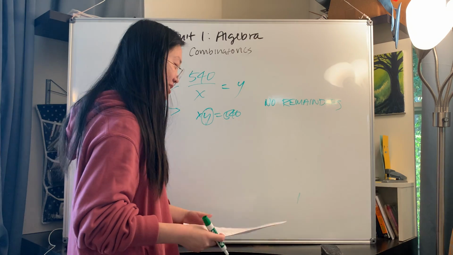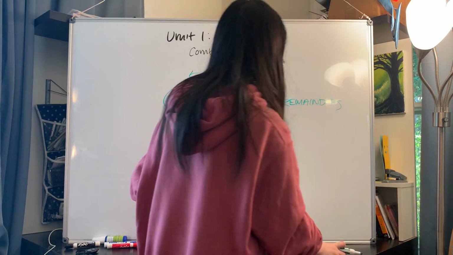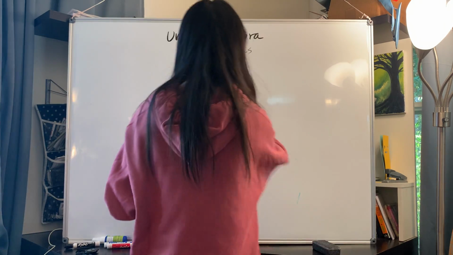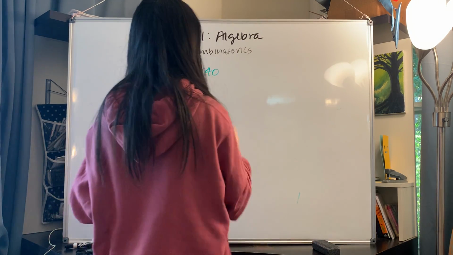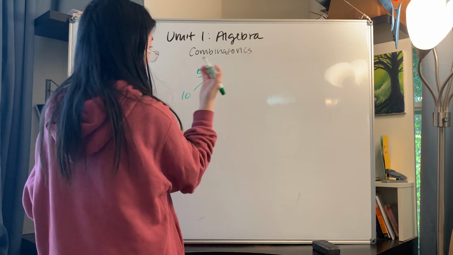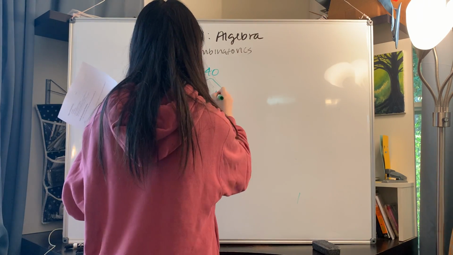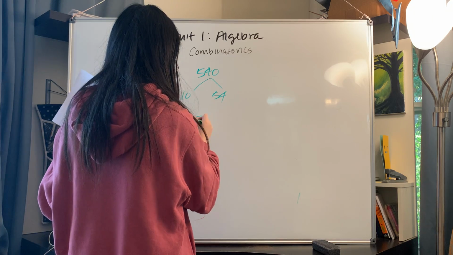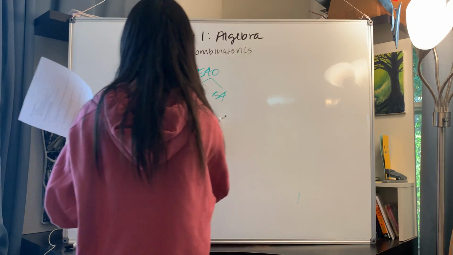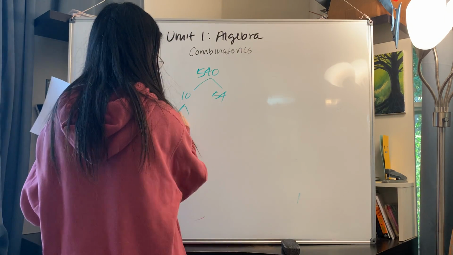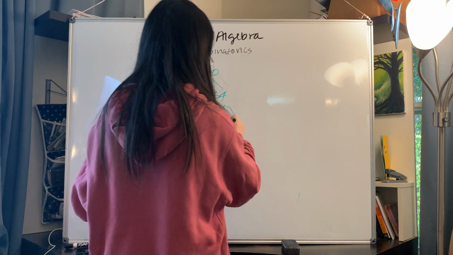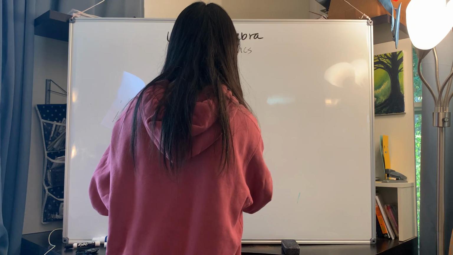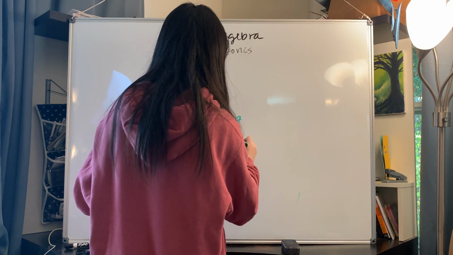So first, to solve this problem, we are going to completely prime factorize 540. I'm going to use a factor tree, by the way. 540 is equal to 10 times 54. 10 is 2 times 5, and 54 is equal to 2 times 27, which is equal to 3 times 9, which is 3 times 3.